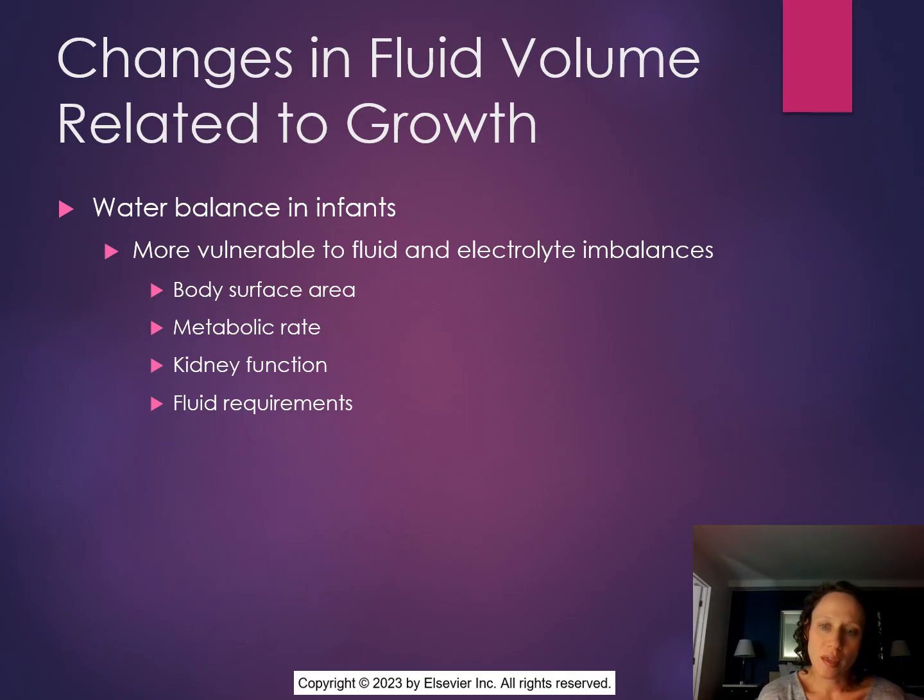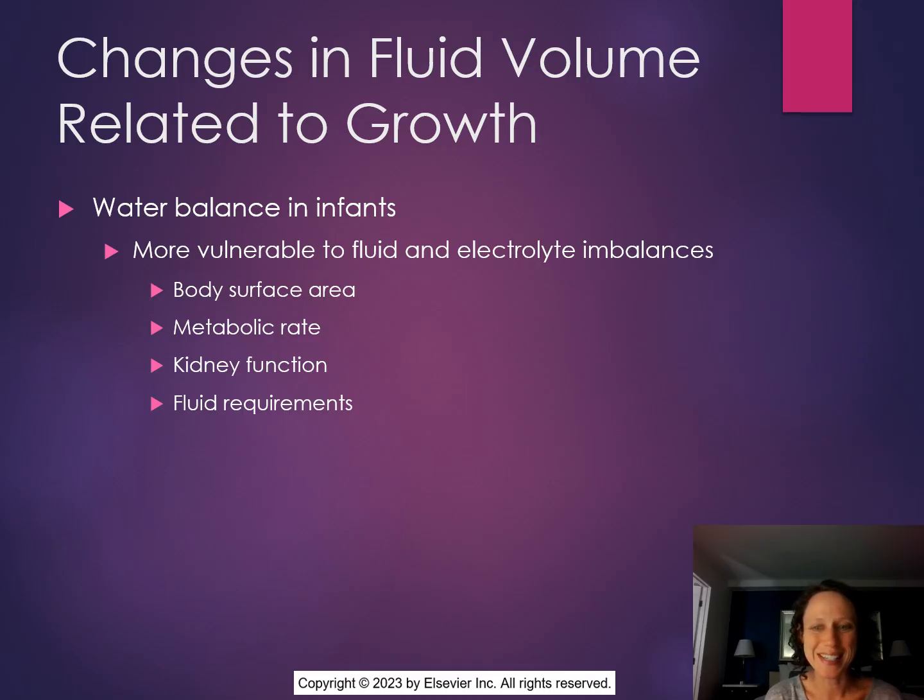One of the things with kids is that they are more vulnerable to fluid and electrolyte imbalances. Their body to surface ratio is a little bit different than us. They can actually lose fluid a lot easier than we can. They can become more dehydrated easily. They have a faster metabolic rate.